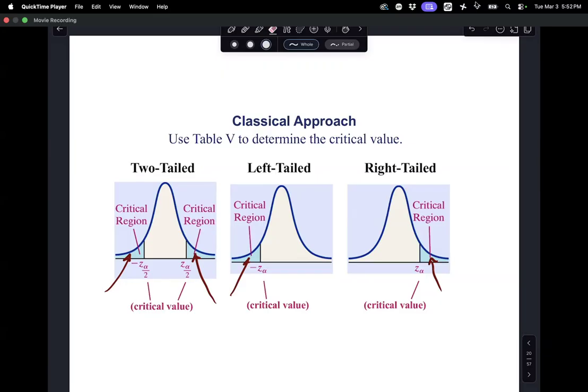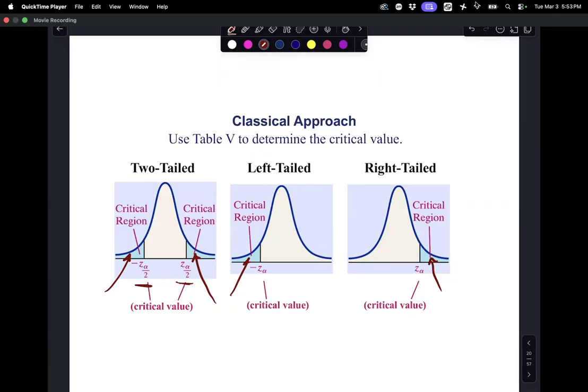So our critical value, we're dividing our alpha by 2 on a two-tailed test. Your critical value is going to be negative on a left-tailed test every single time, and it's going to be positive on a right-tailed test every single time. So we don't divide the alpha in half for a left-tailed or a right-tailed, only for two-tailed.